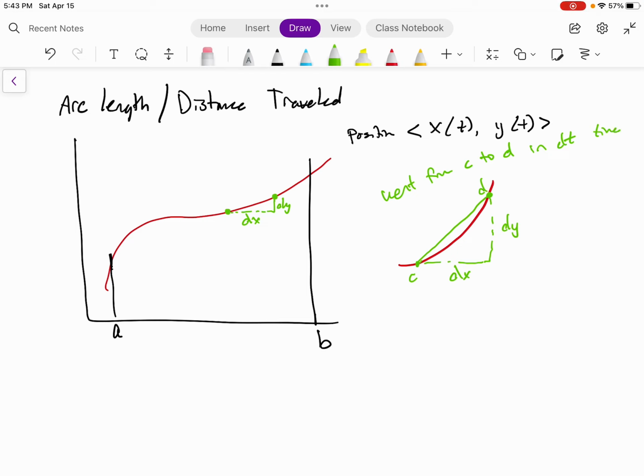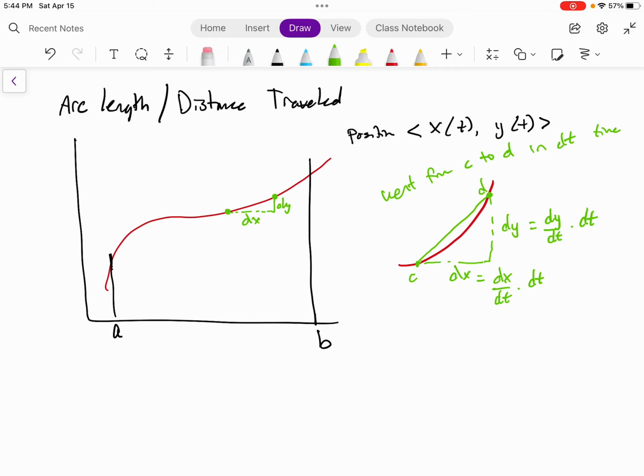That's the tiny little differential, or that tiny little piece of time that we went from C to D. So what that dx is, that's the rate of change, dx dt, times that time, times dt. I know that looks kind of silly because those dt's, in theory, would cancel. And we could say the same thing for dy dt, times dt. That's the rate of change times the time. That's sort of how far we went.